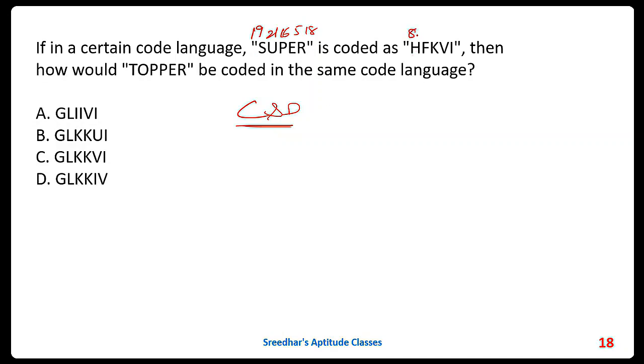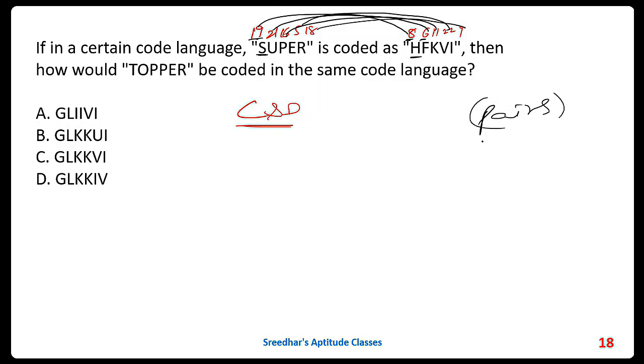They are replaced by H8, F6, K11, V22, I9. If you observe them closely, the sum of the letter in the word and the letter in the code is 27: 19 plus 8, 27; 21 plus 6, 27; 16 plus 11, 27; 5 plus 22, 27; 18 plus 9, 27. So these are called pairs in the English alphabet. If the sum of two letters is 27, they are called pairs.